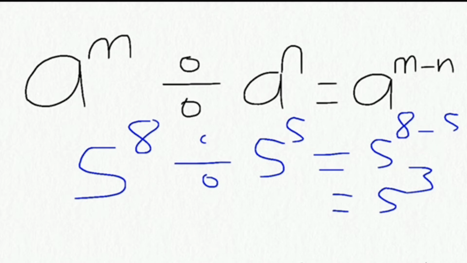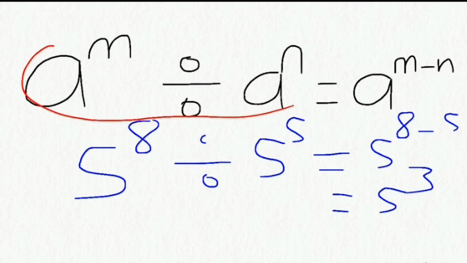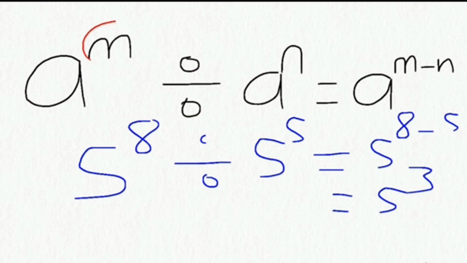And you must do that only when the bases are the same and there's a division sign. Write only 5 and then you subtract the indices. Same bases, write only one base and then you subtract these indices. The first one minus the second one.